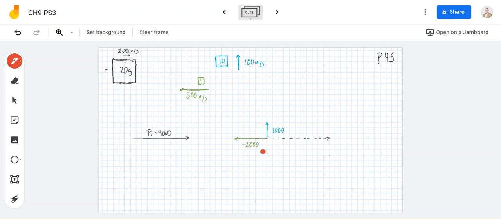Oh, actually, that's a total lie. It has to cancel out this one. And this way. So if I draw this, let's see if I can draw it here. I need to draw it from here to here.